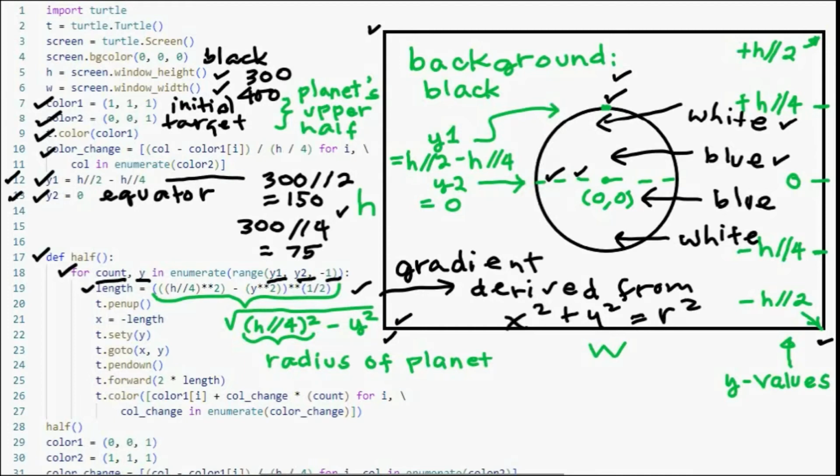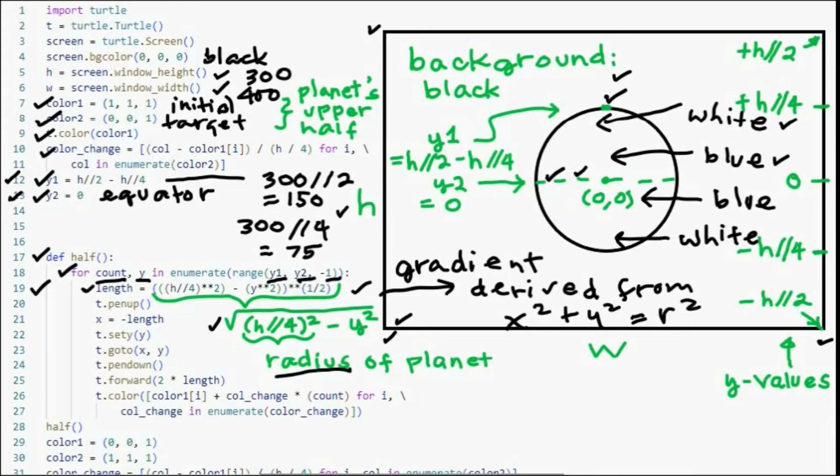The way it is presented here in number 19, this is the value of x, the positive value of x. I'm only considering here the positive value. So this is the square root of the r squared. In our case, the r incidentally is h // 4.